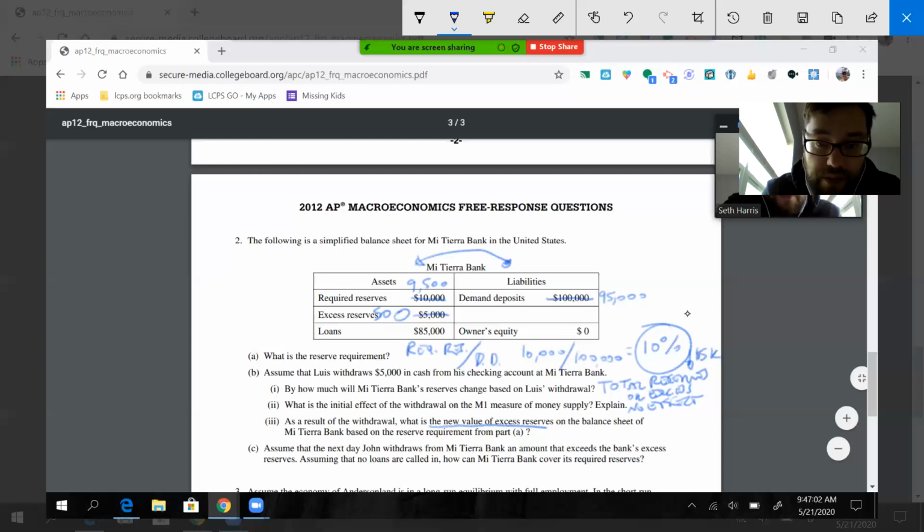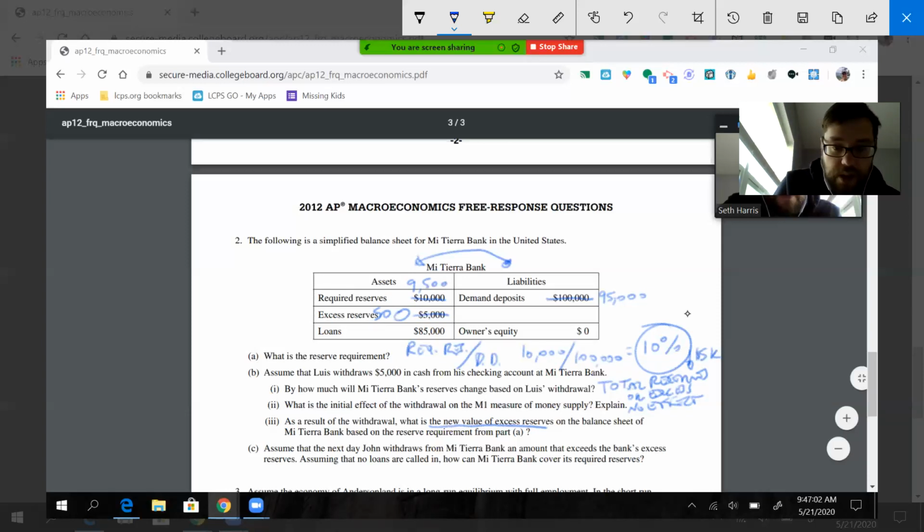Do I have 85,000 here and another 9,500? That's 95,000, so yes, 95,000 equals 95,000. That's a tricky one, but you have to realize that because my demand deposits changed, I need to recalculate what my required reserves are, and the extra goes over to the excess reserves category.